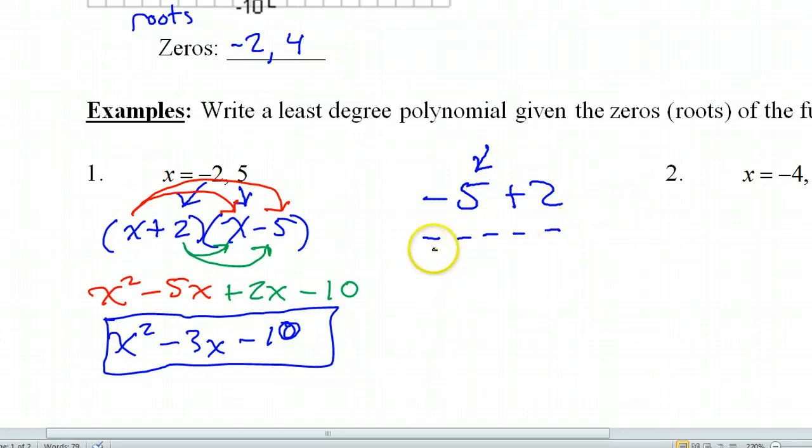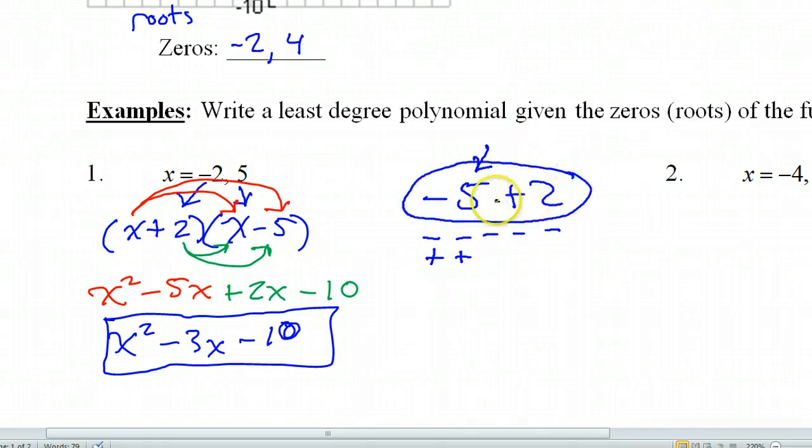Positive 2 is like 2 positives. If I put negative 5 plus 2 in your calculator, you're going to find it's negative 3. The reason is negative 5 is like 5 negative things, positive 2 is like 2 positive things. The negatives win by 3.